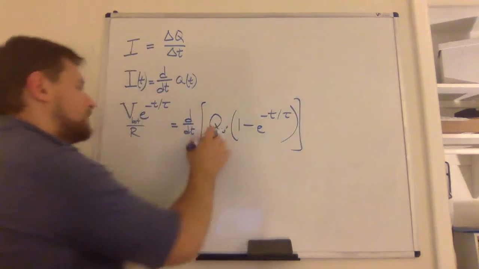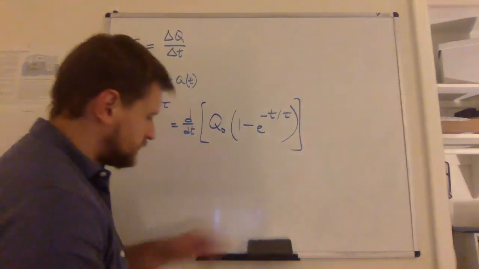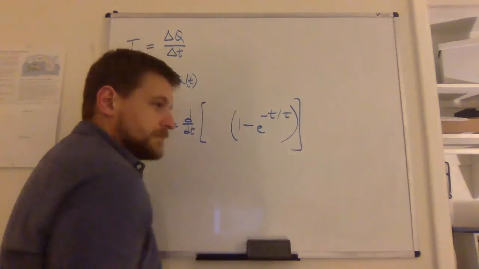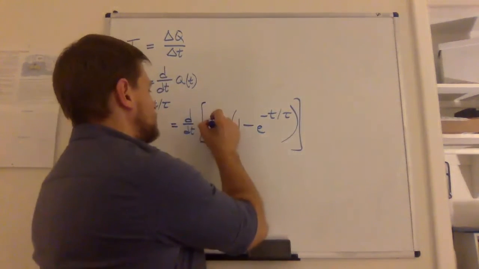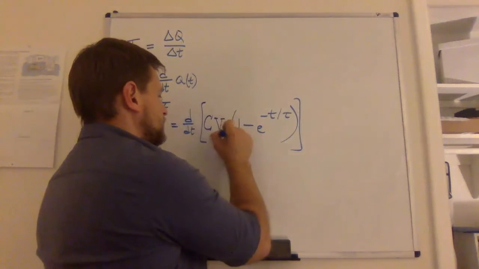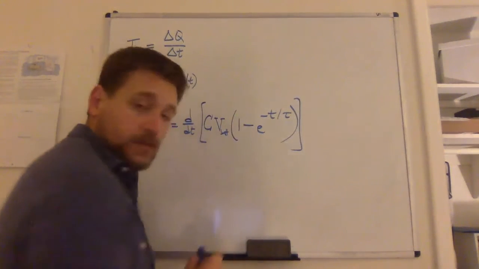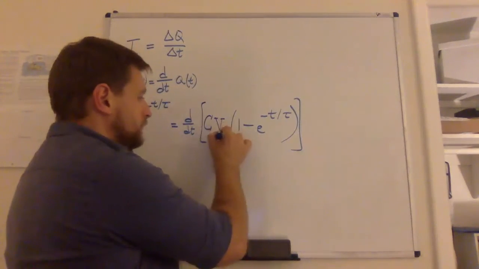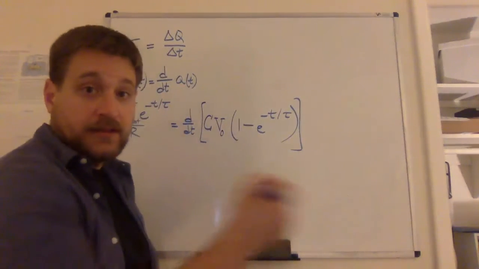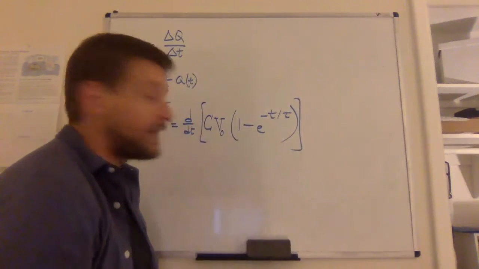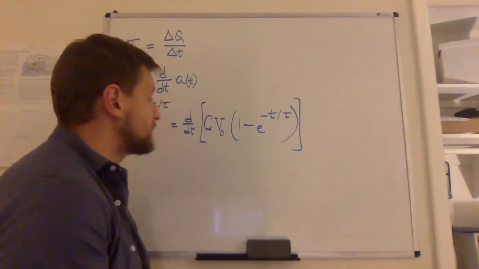Now, Q0, we said, was the capacitance times the total voltage that we were eventually going to put, I'm just going to call it V0, the total voltage we're eventually going to put on the capacitor, the asymptotic potential difference across the capacitor when it's fully charged.